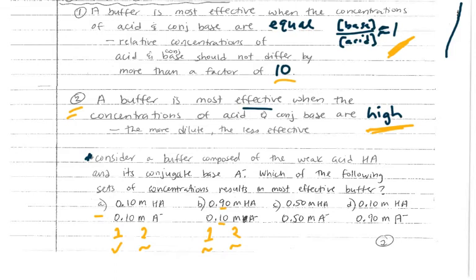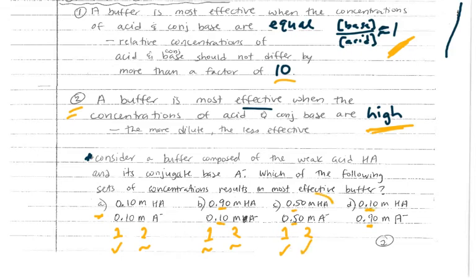For C, it does satisfy rule 1, they are equal, and for rule 2, it's a higher concentration than A, so that's good. It's not as high as 0.9, but it is higher than 0.1. And if we look at these other ones, that concentration of 0.1 is always lower than 0.5.